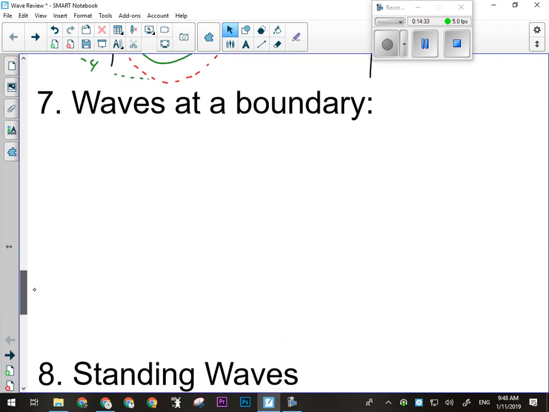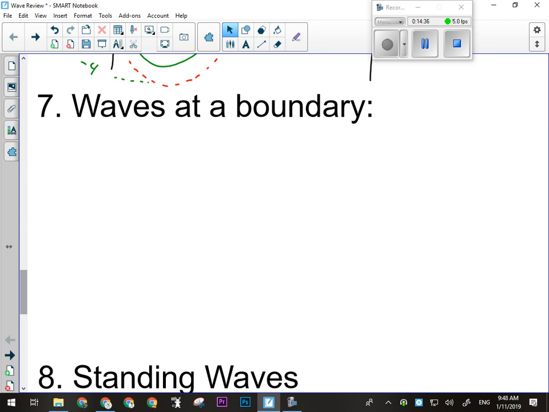Okay, waves at a boundary, we just talked about the other day. So this is going to be situational questions where you maybe get a diagram of a before and after situation. Let's say it's a picture something like this.